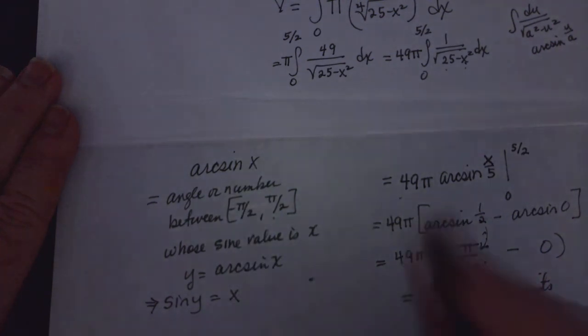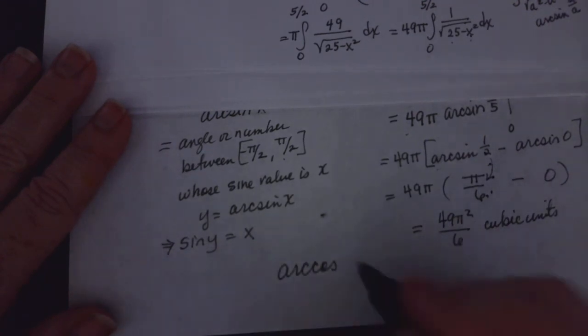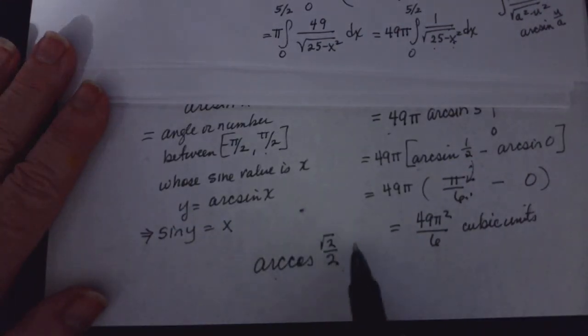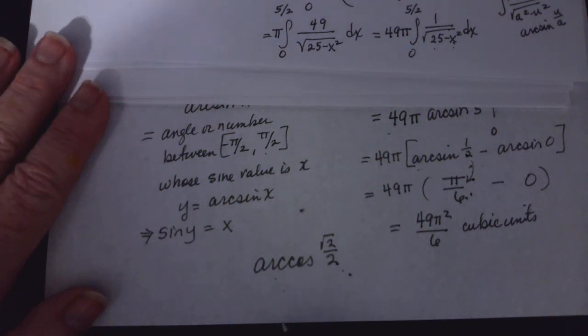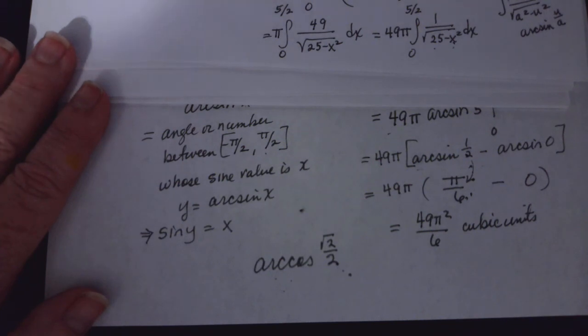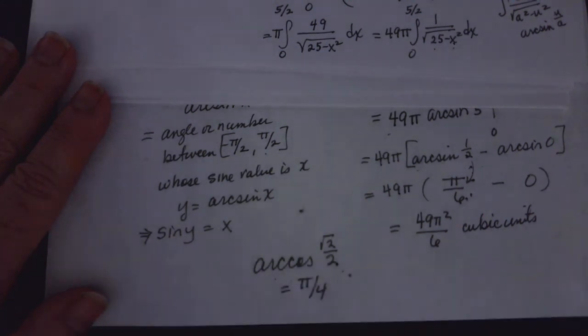So if you had, for example, the arc cosine of the square root of 2 over 2, you would be looking for an angle in the interval from 0 to pi, because that's where arc cosine is defined, whose cosine value is square root of 2 over 2. What size reference angle has a cosine value of square root of 2 over 2? Exactly. So that would be pi over 4.